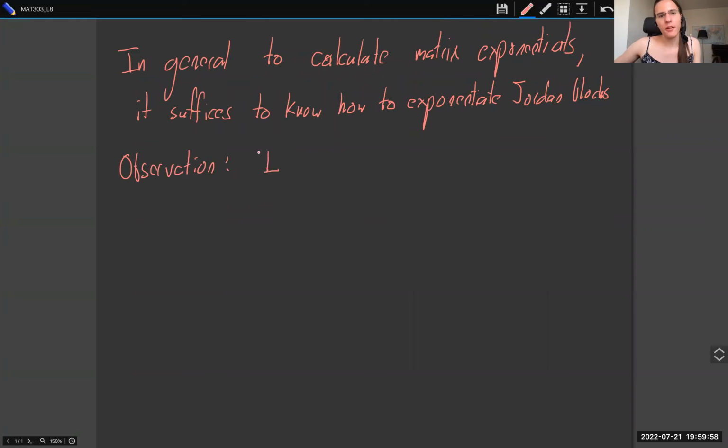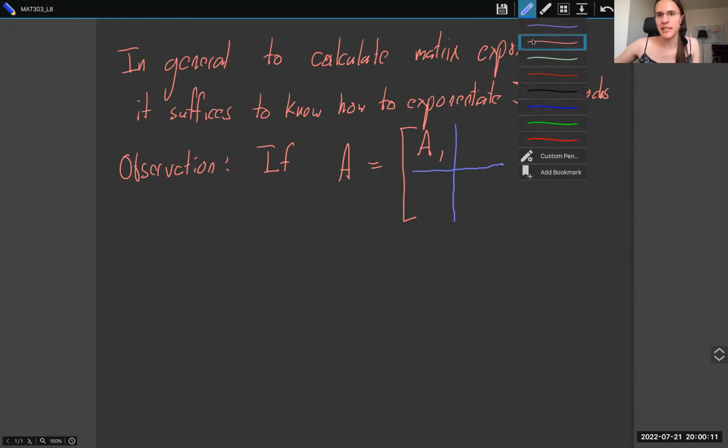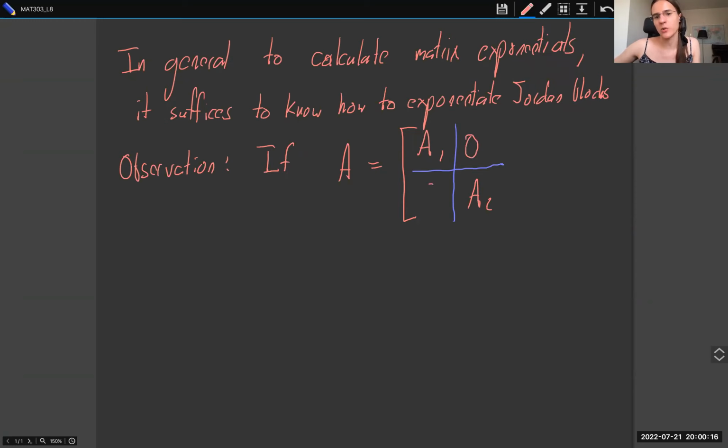If A is of the form, let's say A1, this is some matrix, and then the matrix is split into blocks, and everywhere else you have zeros. So this is known as a block decomposition. And in general, we can consider any number of blocks. The point is that you'd have blocks along the diagonal.